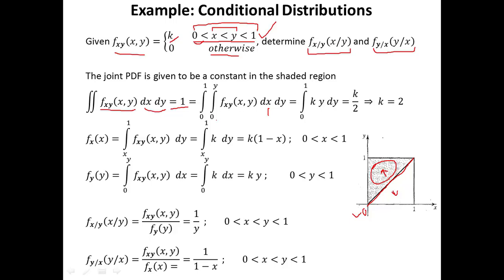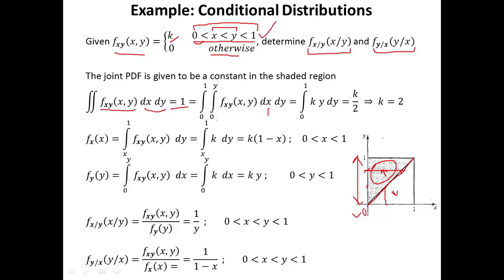Let us consider this point. At this point, the value of x equals y. It means if y is allowed to vary between 0 to 1, then at whatever value y is residing between 0 to 1, at that point the value of x only varies from 0 up to y.